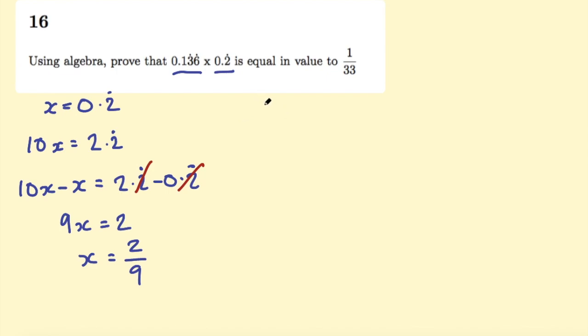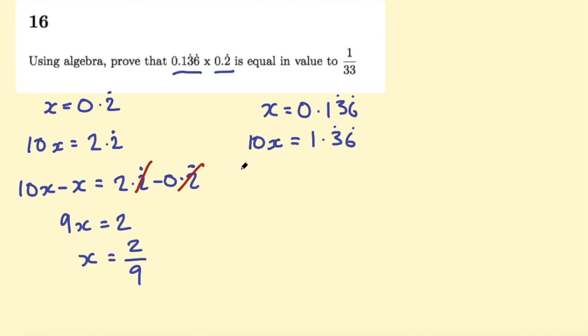And this is a bit more involved because we need to take a few more steps in order to get rid of the recurring part of this decimal. I multiply it by 10 first, and I get 10x equals 1.36 recurring.